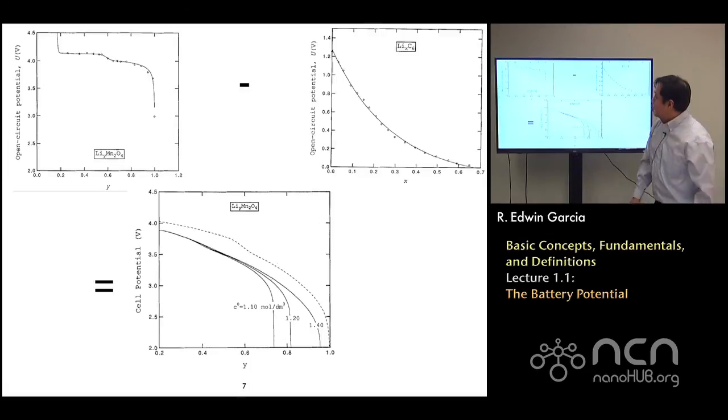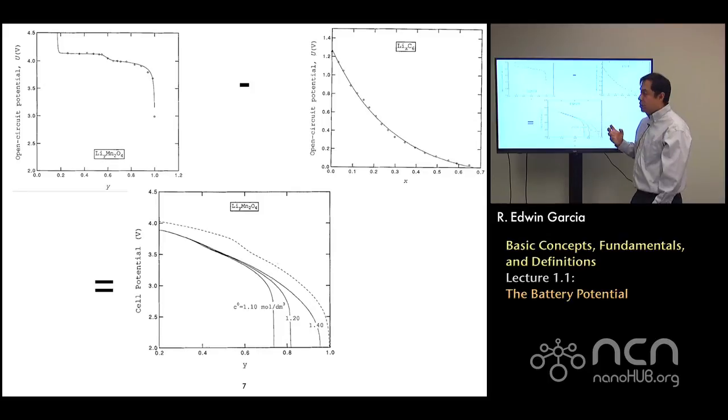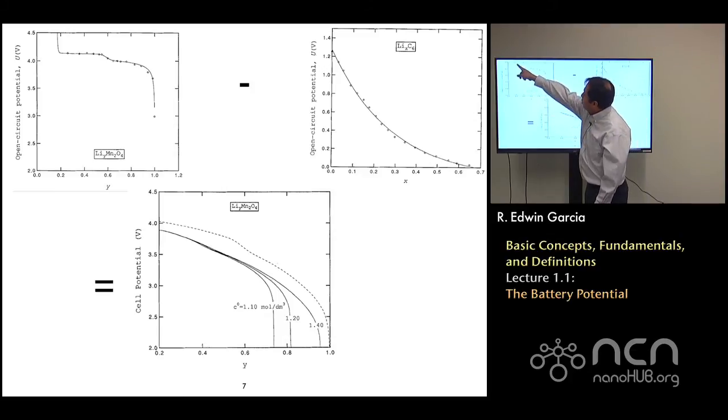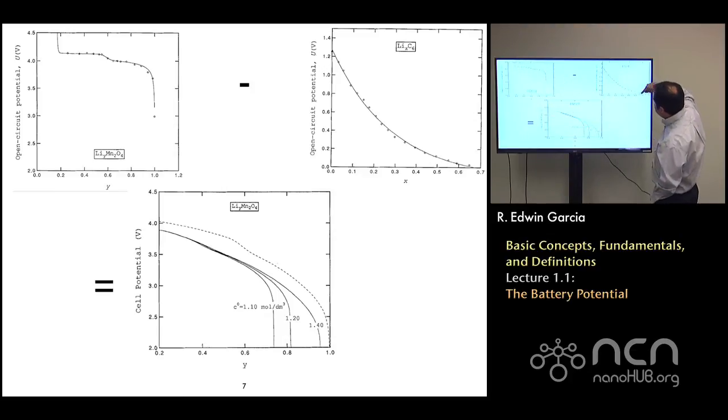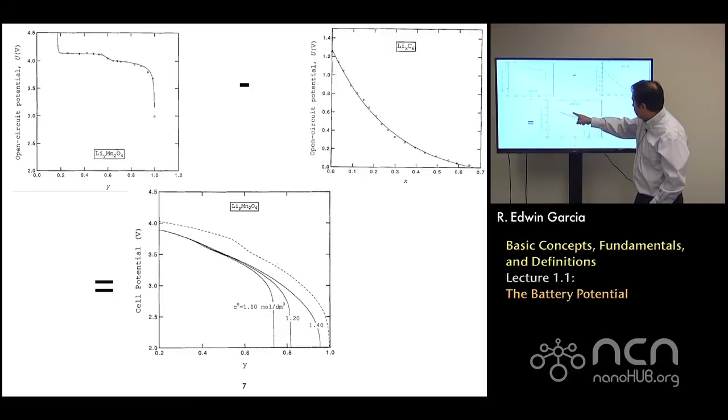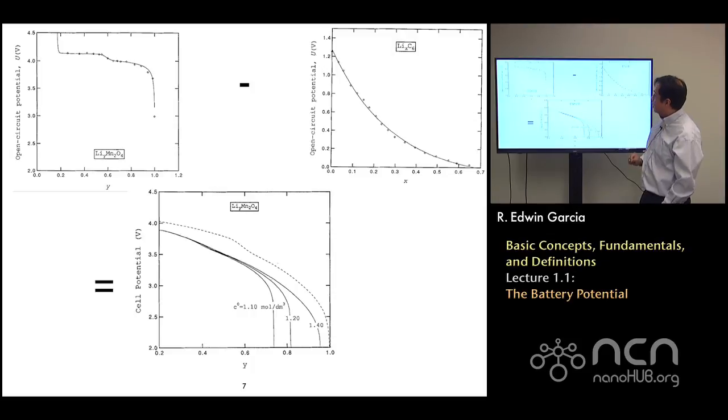In this slide, you can see the difference between both of them. So what determines the potential of the cell, just like we did graphically a few slides ago, is the difference between this voltage subtracted from this voltage, which gives us the overall potential. You can see here in a dashed line the potential of the entire cell.